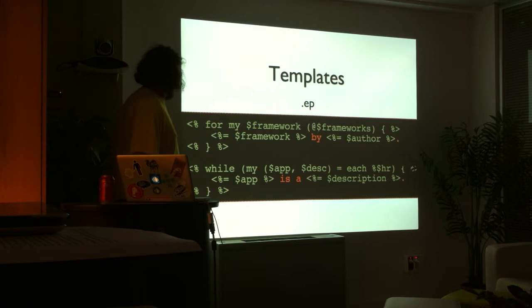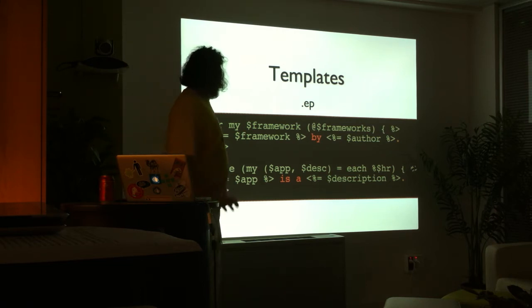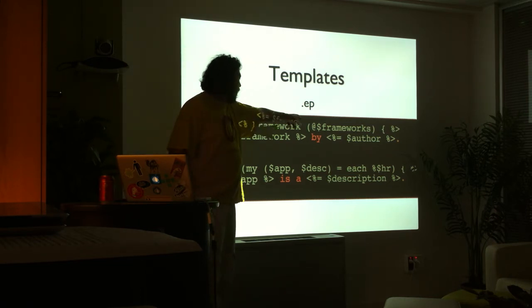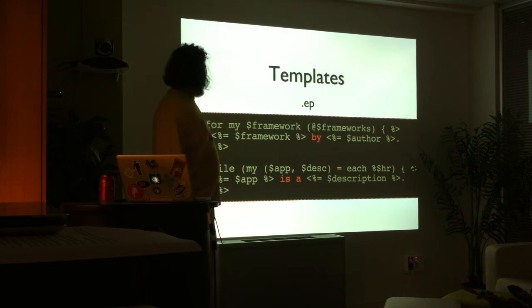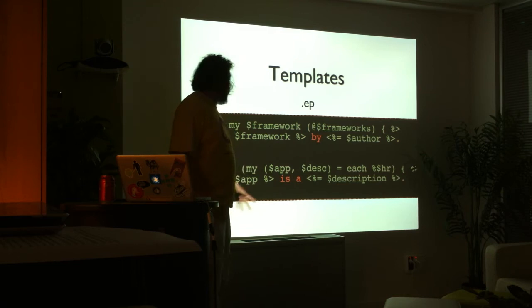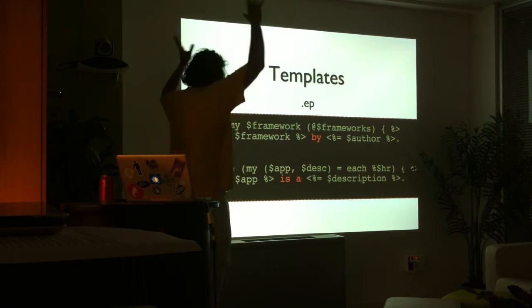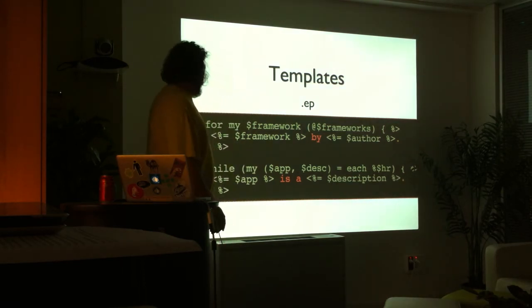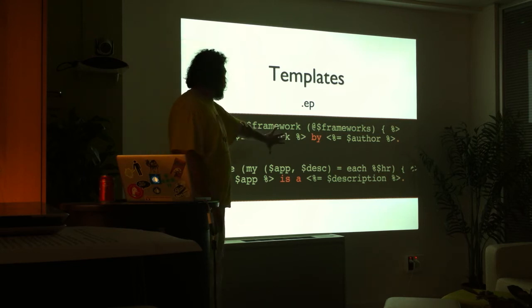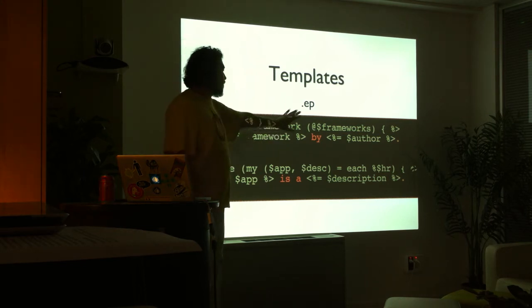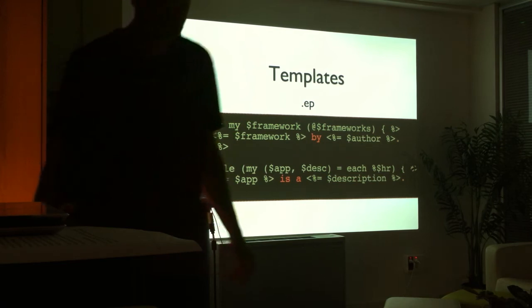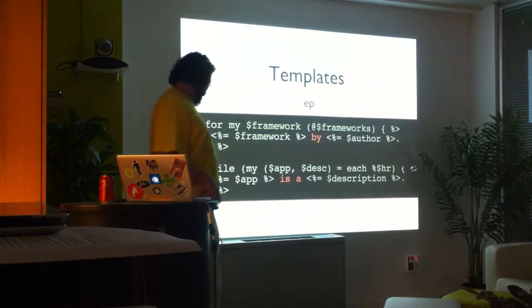So here is an example. For each framework on that array, I will print framework by author. Author came from whatever. All the same. While these two variables came from that each hash ref, I will print this out.